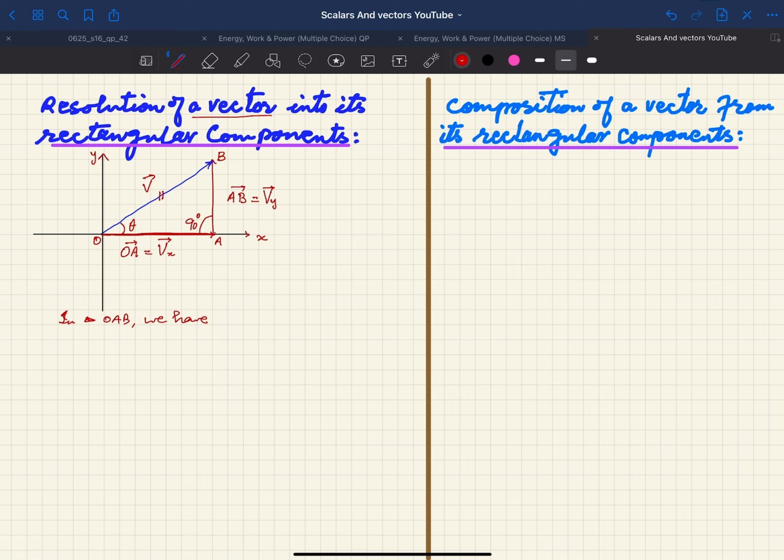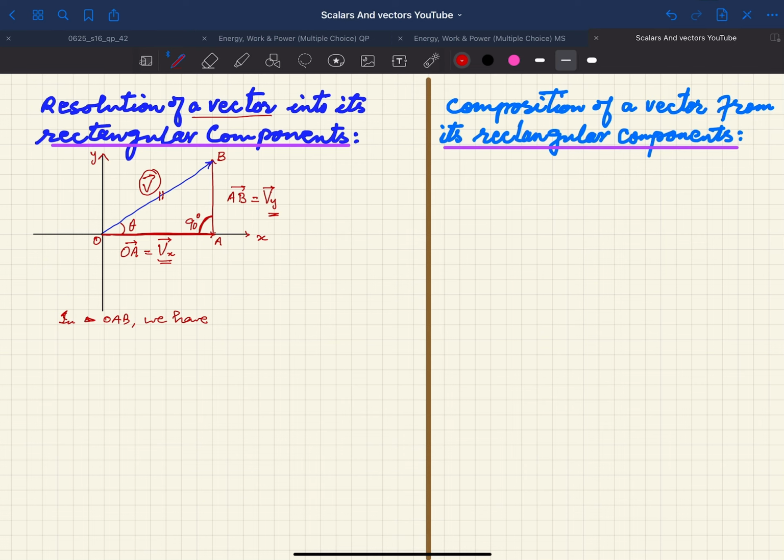Which components? Your rectangular components. What are rectangular components? Components of a vector making an angle of 90 degrees between them. So remember this: the angle of the vector may be any angle, but the rectangular components of your vector V must have an angle of 90 degrees between them.